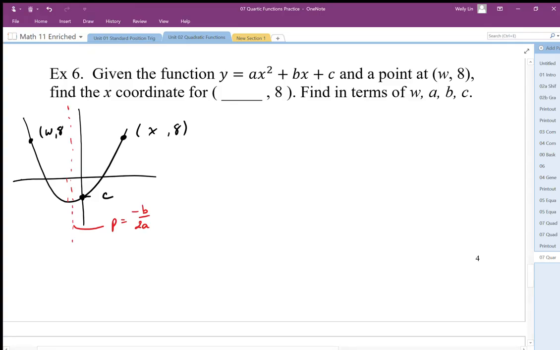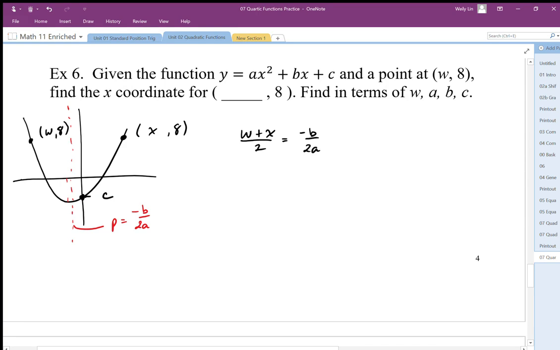And so how do we find the x-coordinate here? Well, we did the same problem with numbers, so what's the difference? There is no difference. We know the x-coordinate of this point here and the x-coordinate that we're trying to find. If we average those x-coordinates, we end up in the middle, which is negative b over 2a.